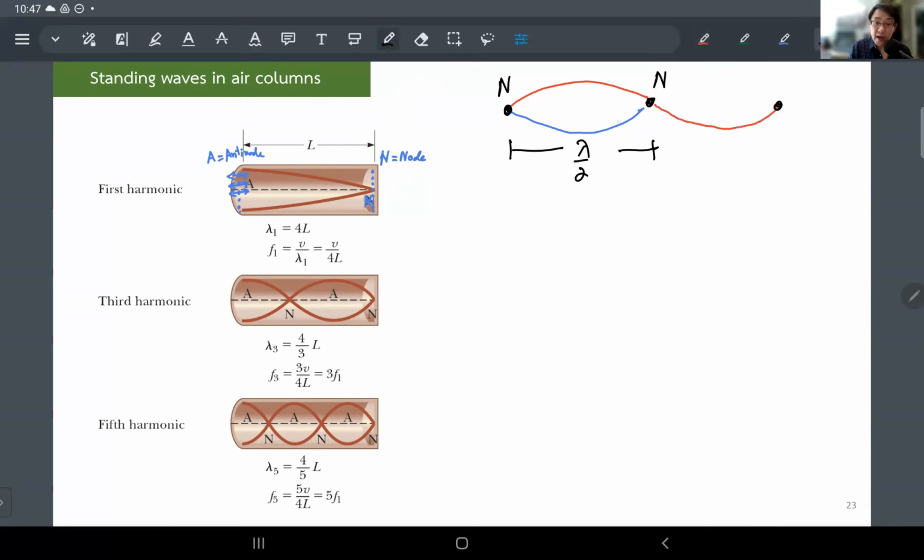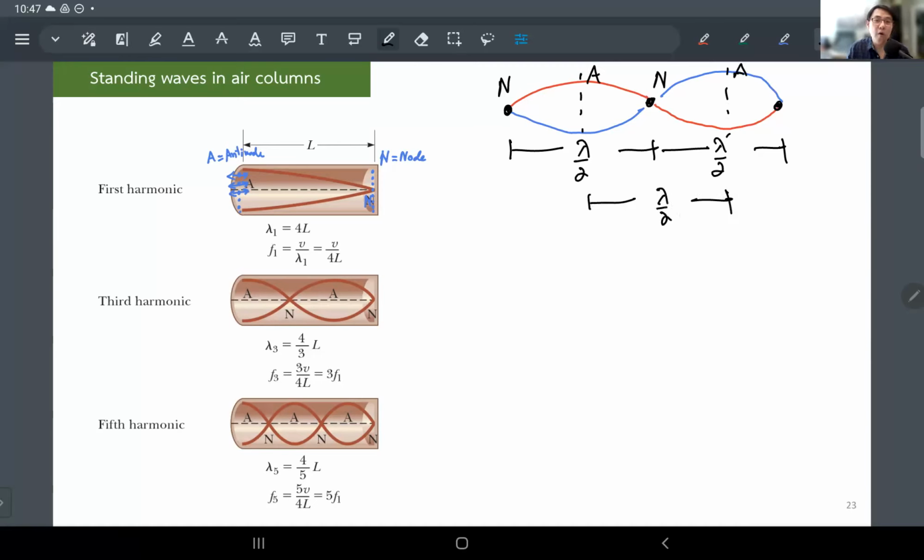When you look at a node, it's actually half of the cycle. Of course, why not? So that is another lambda over 2. The separation between the antinodes is exactly halfway between those nodes, and it's also separated by lambda over 2. So that's so easy. In conclusion, you can throw away all the analysis here.